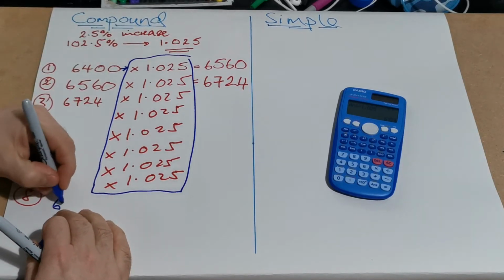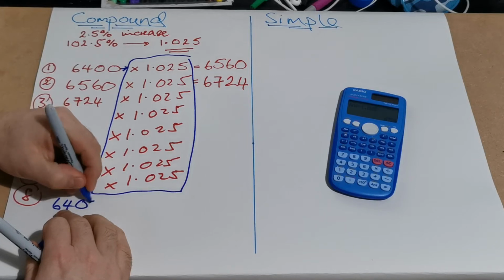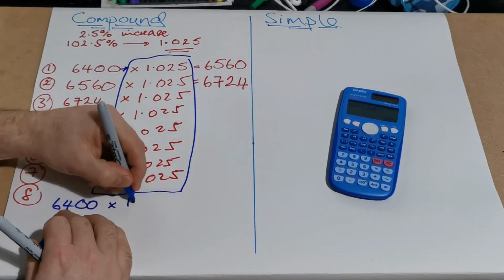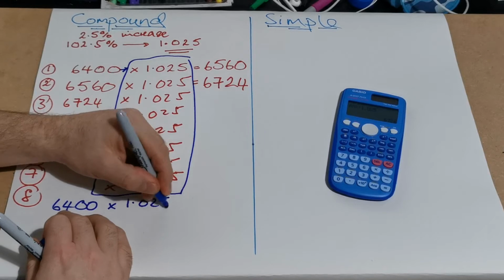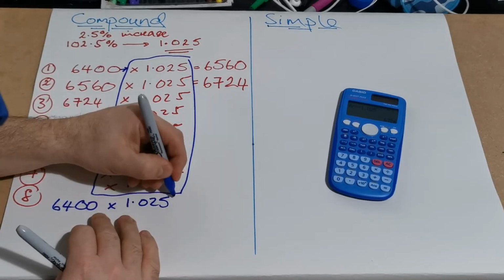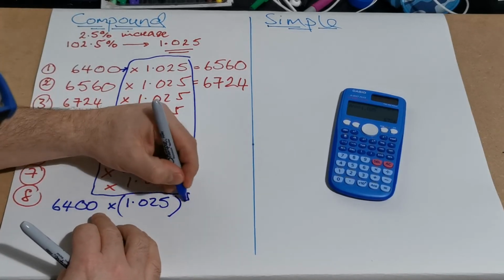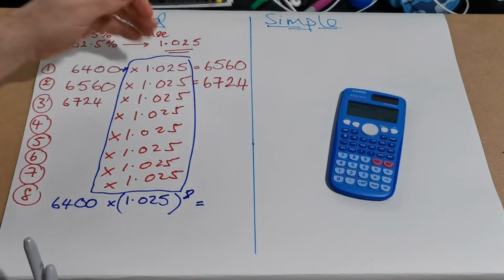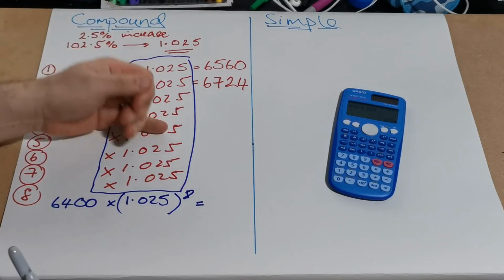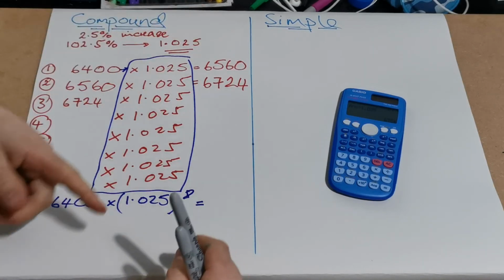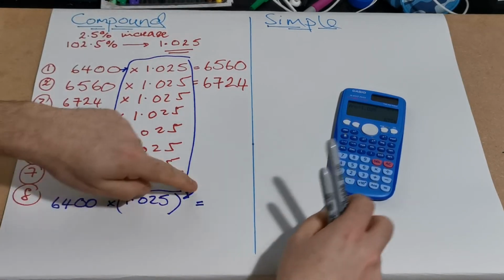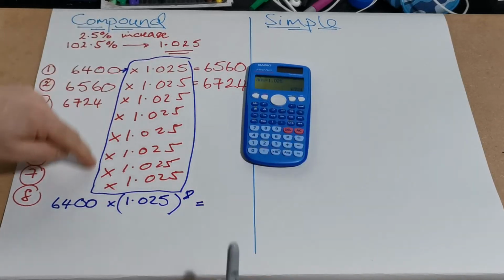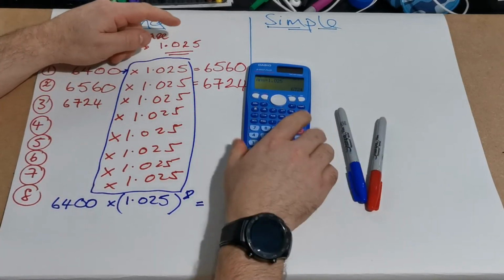So this is the same as saying 6,400 times 1.025, and in order to say I'm doing that 8 times, I would take it to a power of 8, because something times itself 8 times gives us that power of 8, and that's how it all links together.